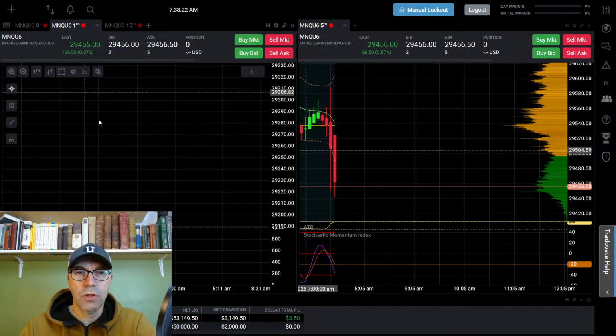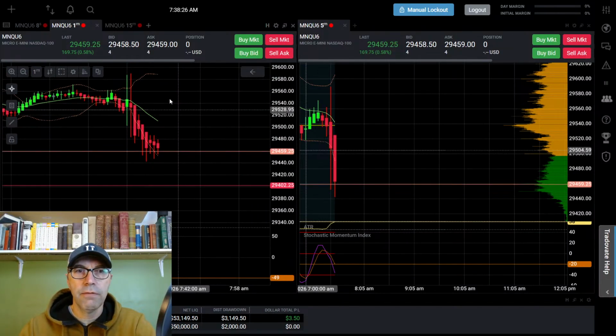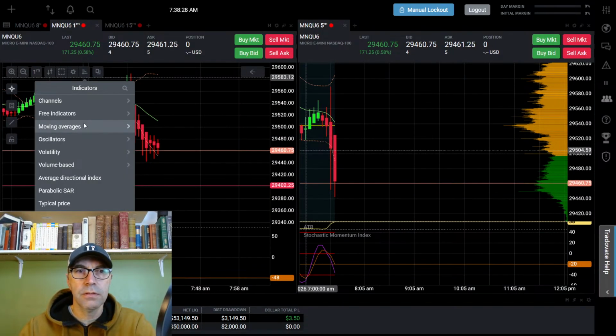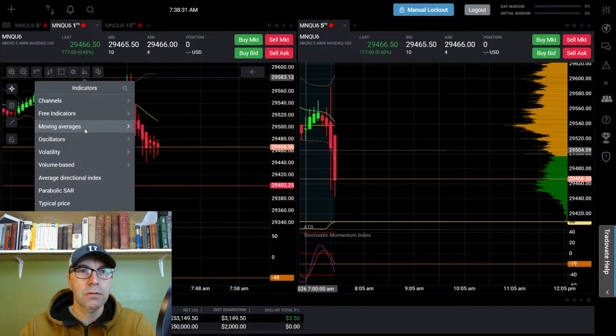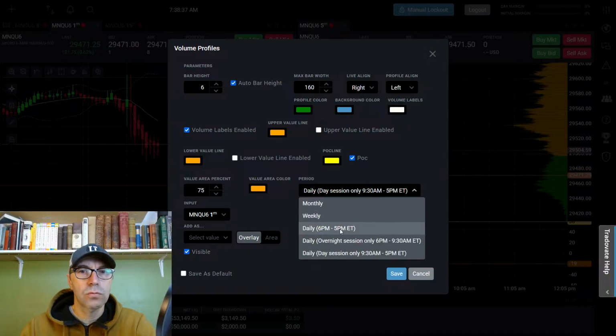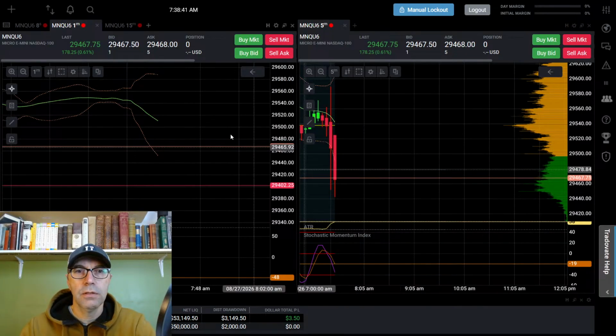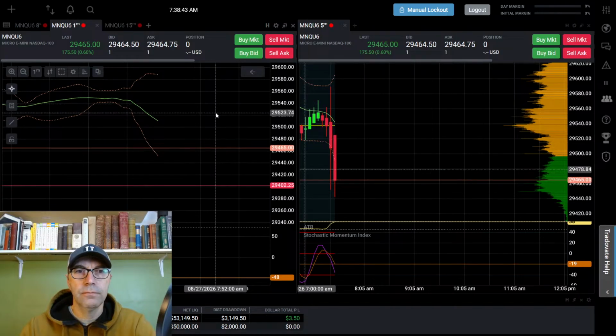All right, 1-minute chart. What are we doing on the 1-minute chart? Where are the Q levels here? Can we map this out? I'm going to leave that on 75.